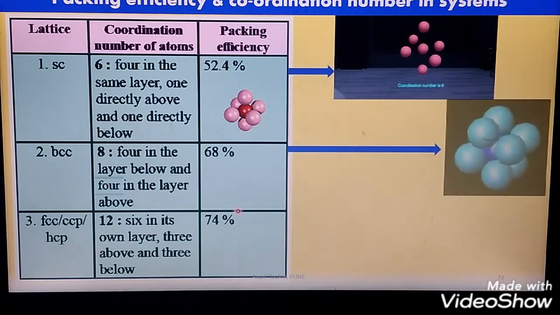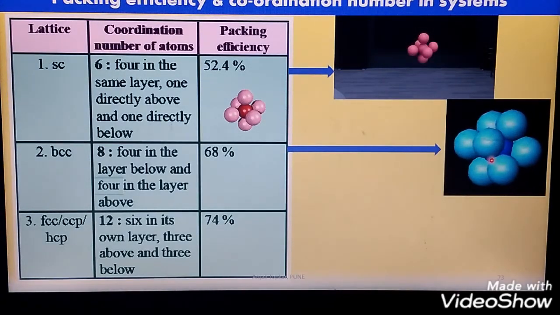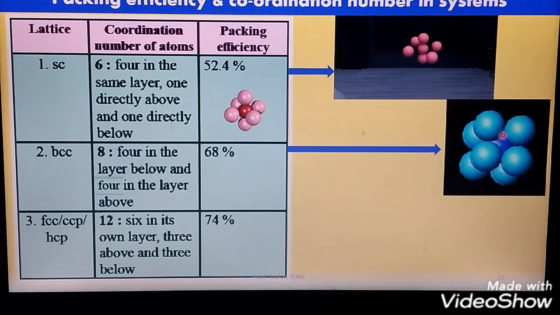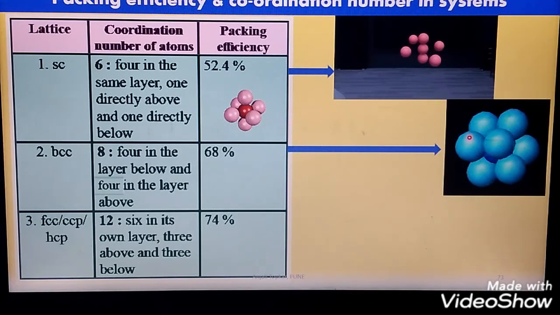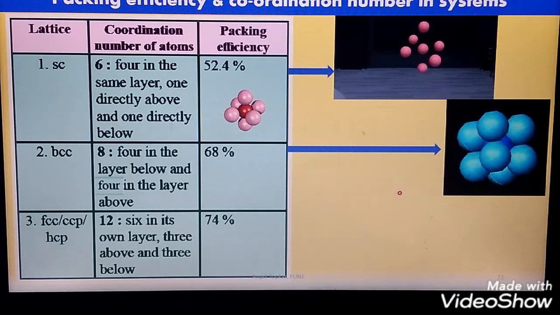Let's see how it is seen. So this dark blue colored central particle is surrounded by 8 particles: 4 particles in the above layer and 4 particles in the below layer.